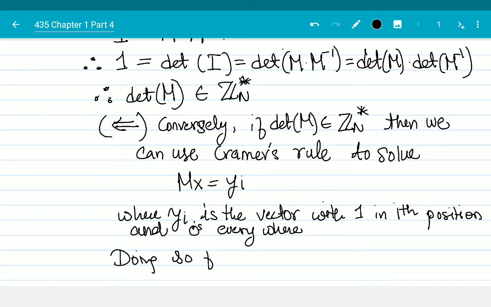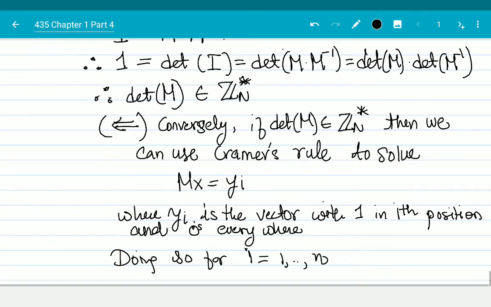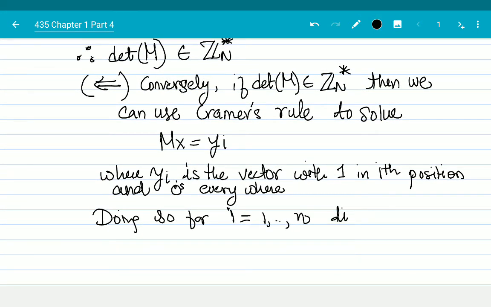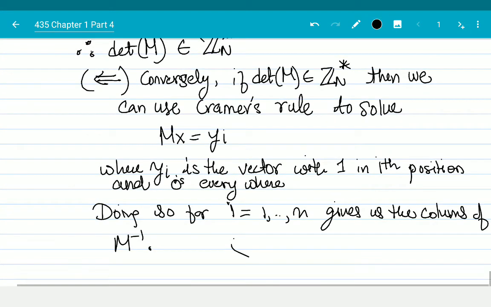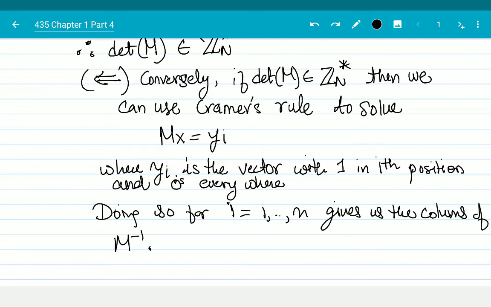Doing so for i equal to 1 to n gives us the columns of M inverse. Okay, so the x for each of these actually forms the columns of my inverse. And so that allows me to find the inverse of such a matrix.